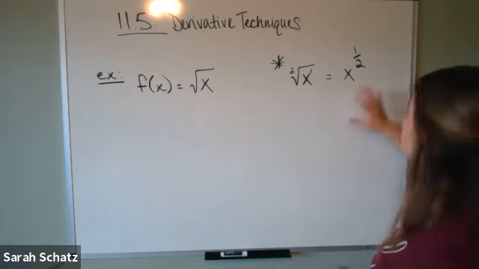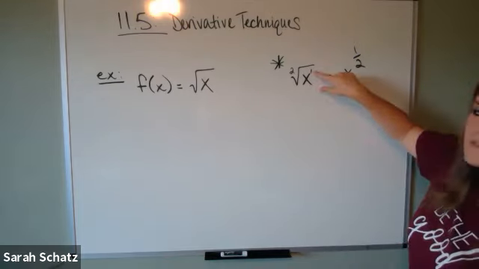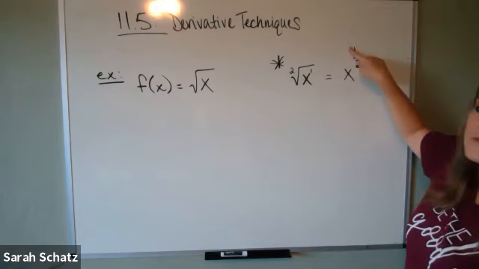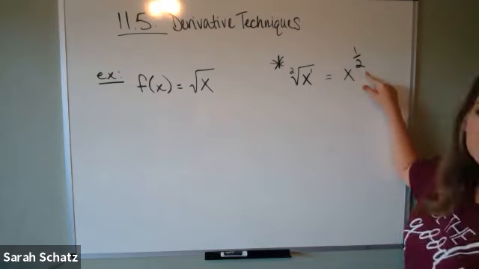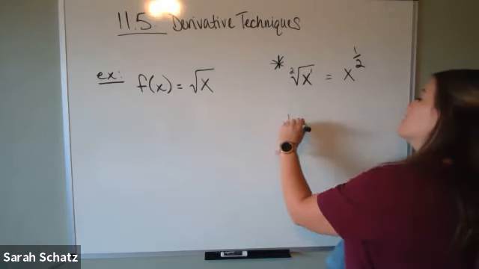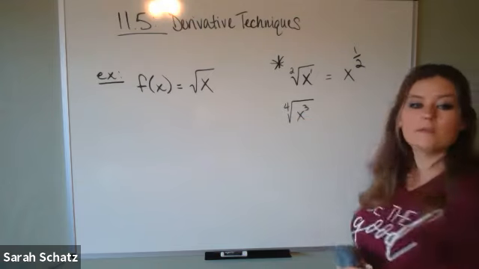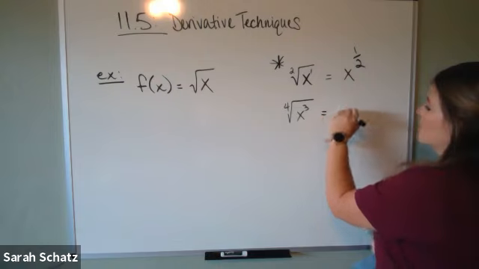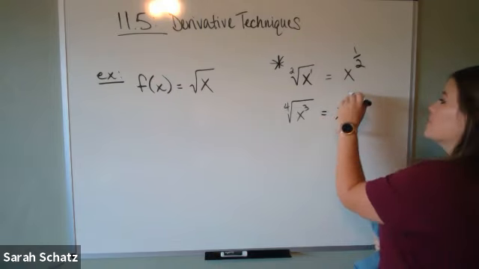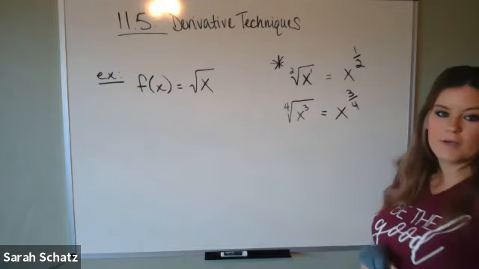Reason being is because as you switch from one to another, the inside number goes on top of the fraction. The outside number goes on the bottom. So I could do the 4th root of x cubed. If you wanted to rewrite this as a power, the inside number goes on top, the outside number goes on the bottom.